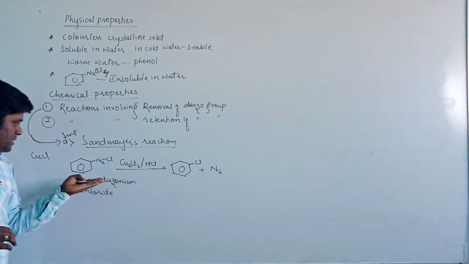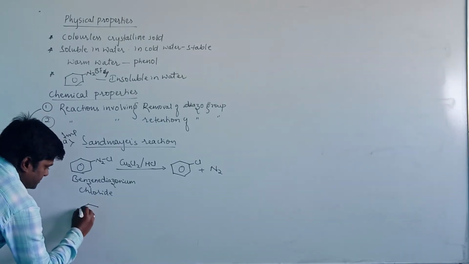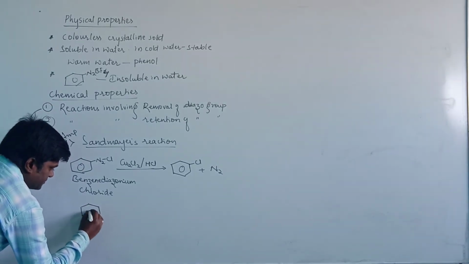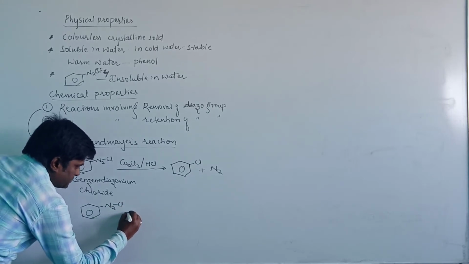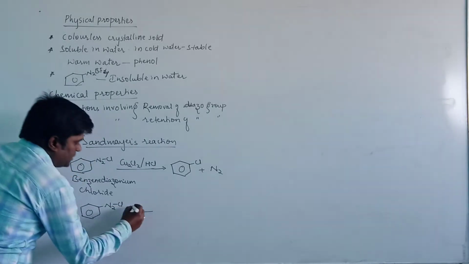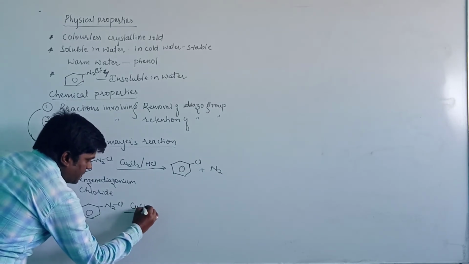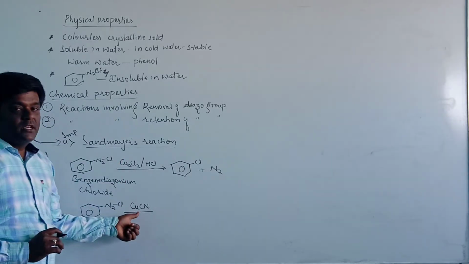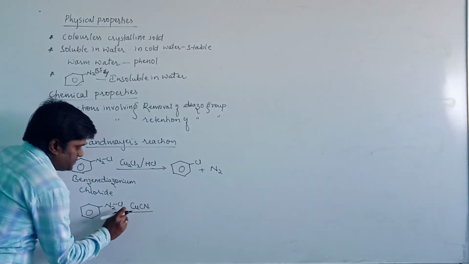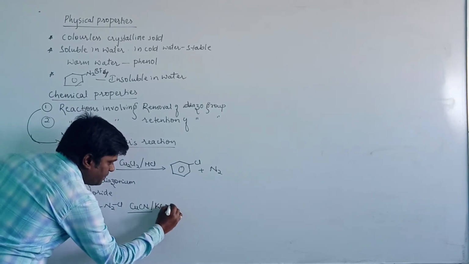Or we can take another reaction, when benzene diazonium chloride reacts with cuprous cyanide in potassium cyanide, in place of cuprous chloride.